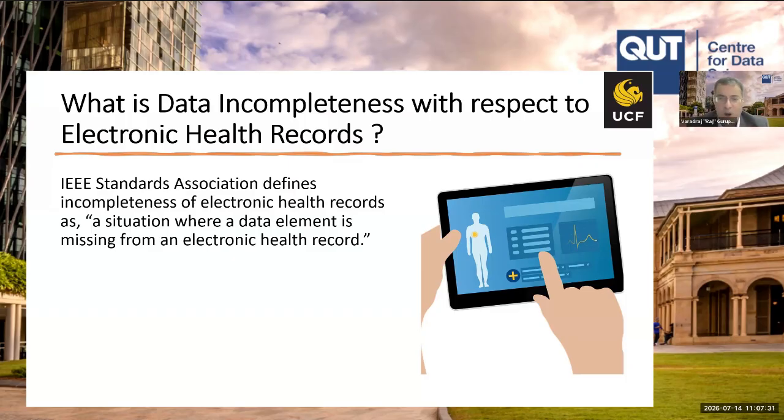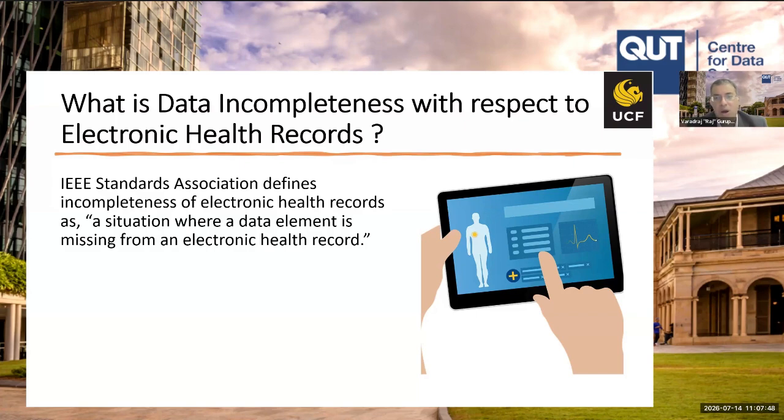Or it could be some vital, critical clinical information or clinical data that is missing from an electronic health record. So this is what incompleteness of electronic health records basically means.